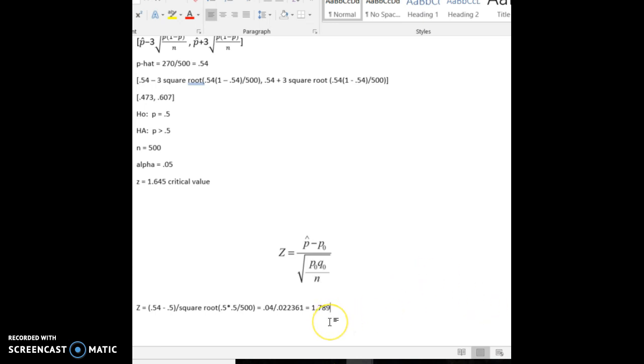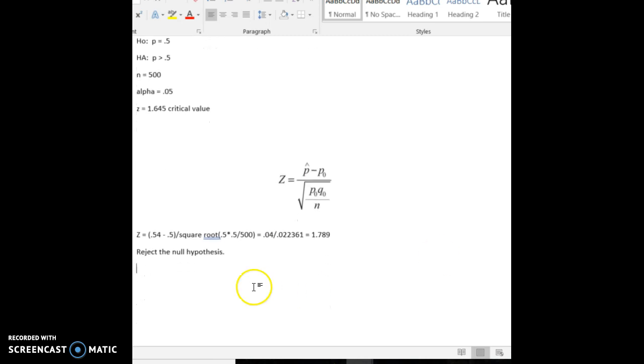All right, let's notice that 1.789 is to the right of 1.645, meaning it's in our rejection region, so therefore we are going to reject the null hypothesis. All right, so let's write our conclusion.